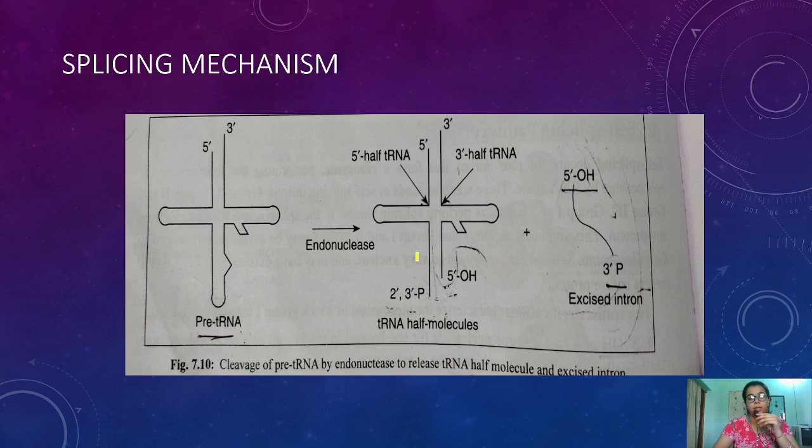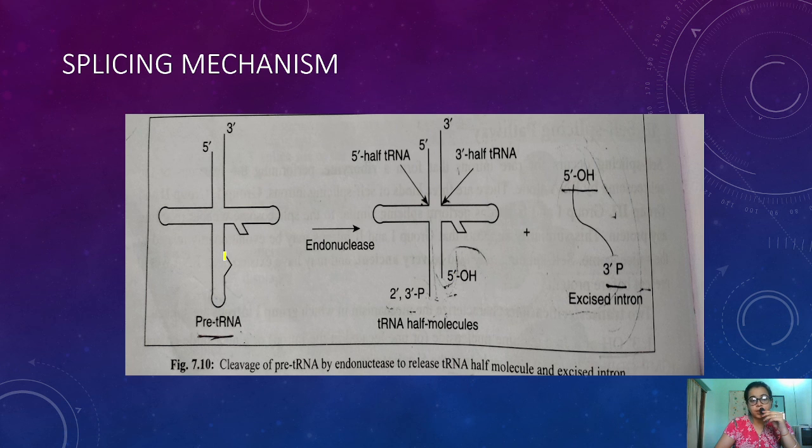Now moving to the next part, the splicing mechanism. This is the pre-tRNA, and the extra part is cleaved out, as you can see in the previous diagram. One endonuclease enzyme will make a cut and form two parts, making the tRNA into two halves, that is the 5' half and the 3' half.